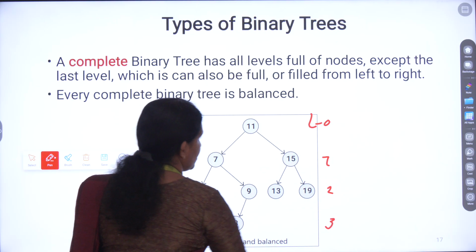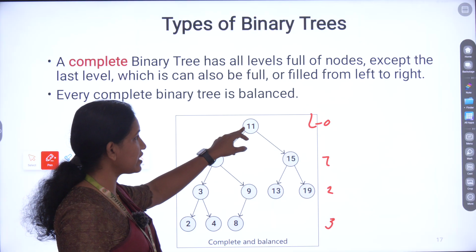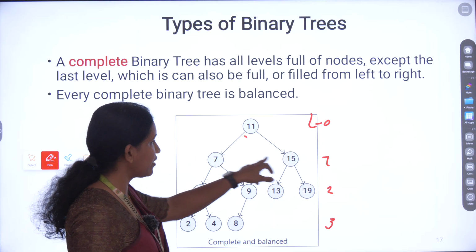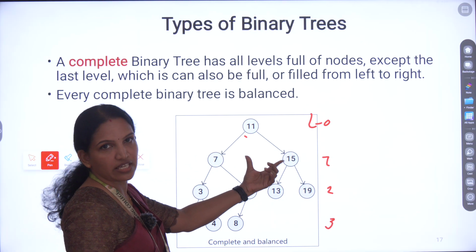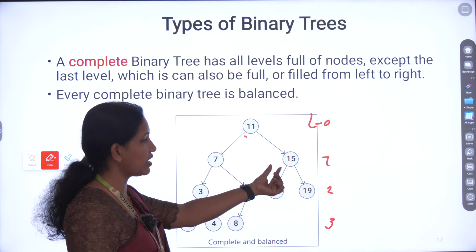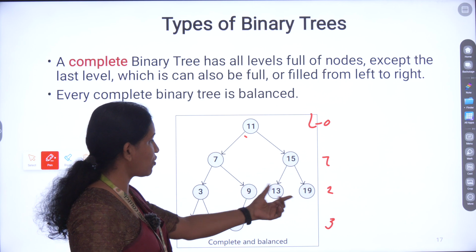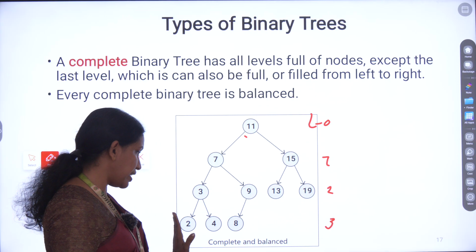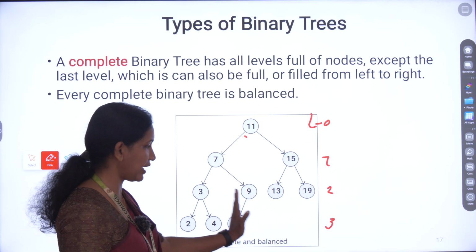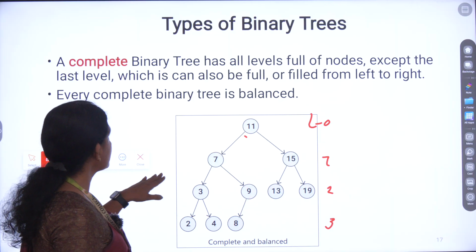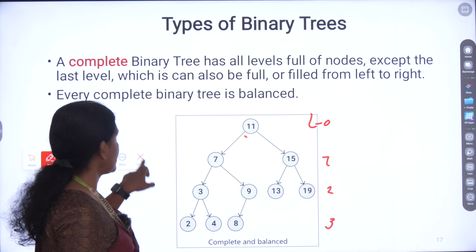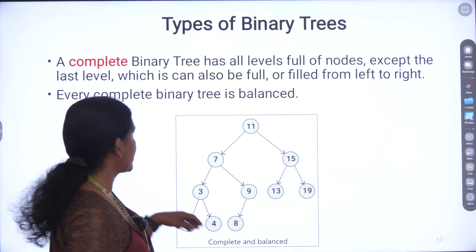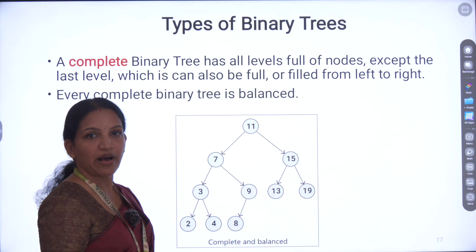The level 0 root is filled, and at level 1 the two child nodes of the root are filled. The next level is also completely filled. Then the next level starts filling from the left side: 2, 4, 8. So we can say that this is a complete binary tree, and a property of a complete binary tree is that it is also a balanced tree.